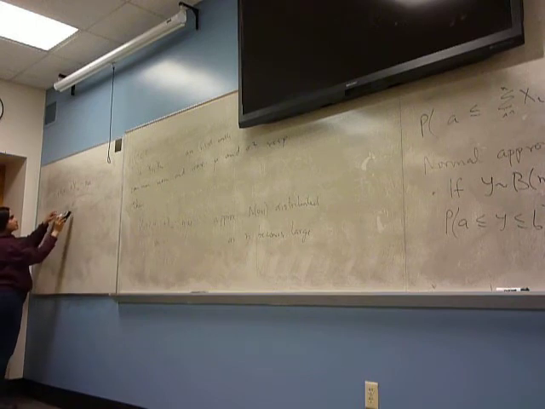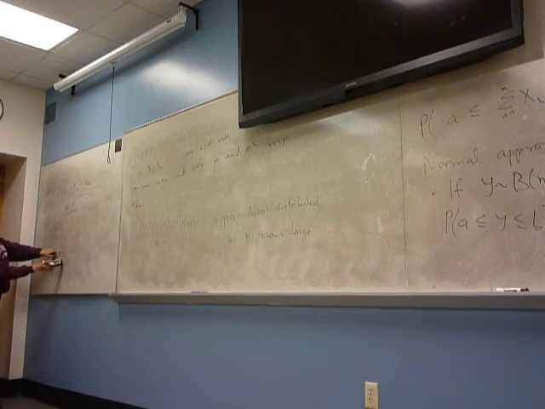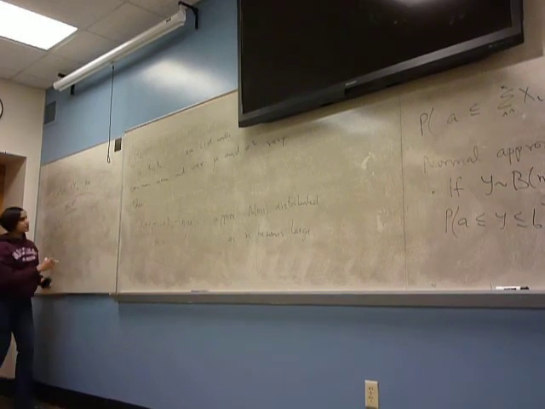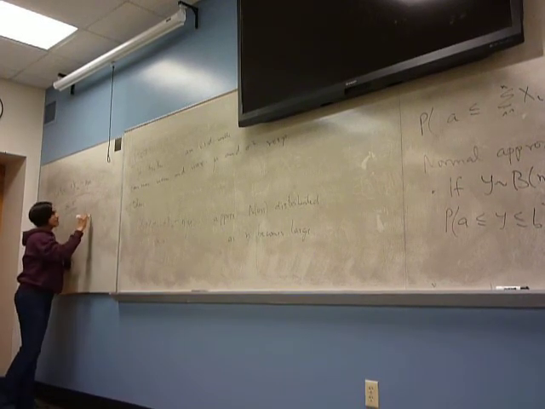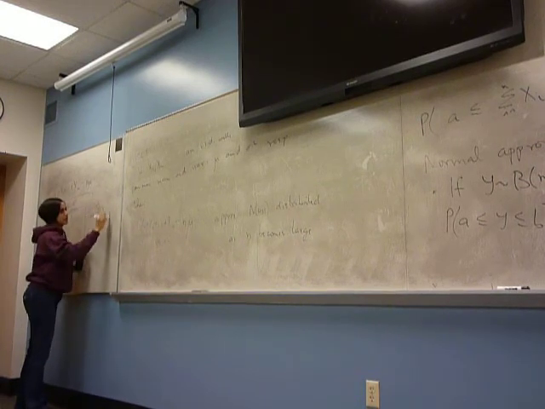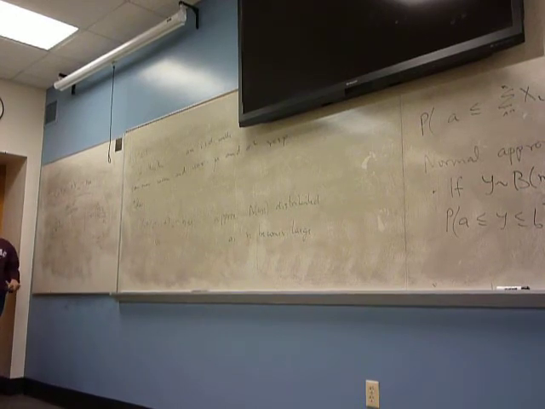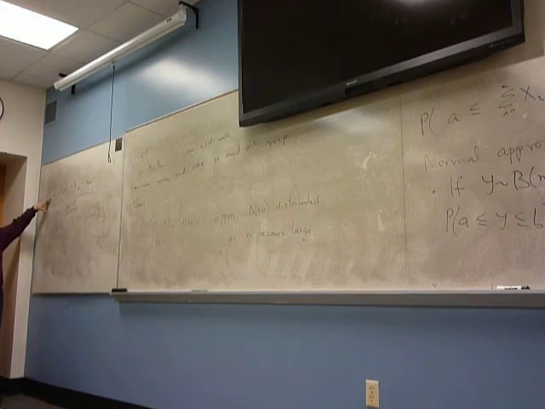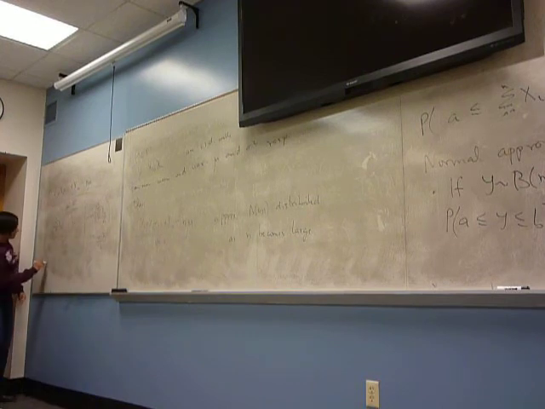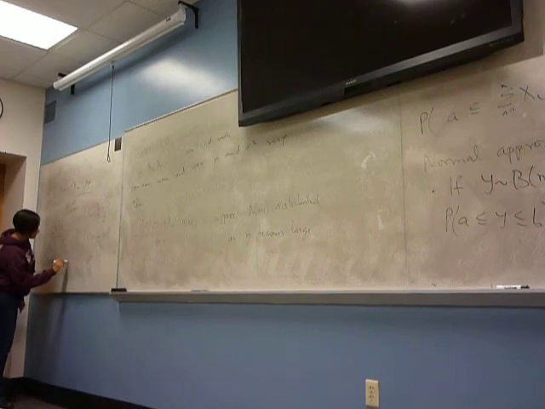What I'm dividing by is the standard deviation of this random variable. We did a problem that showed the variance of the average is sigma squared over n, so the standard deviation is sigma over the square root of n. So you can see the central limit theorem in this form or in this form, and they're both approximately normal 0, 1 distributed.